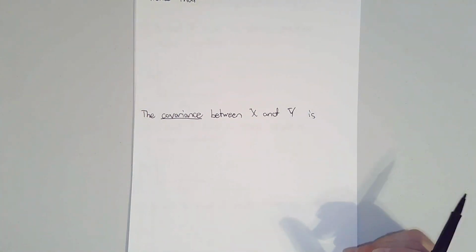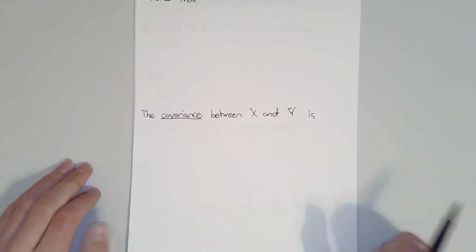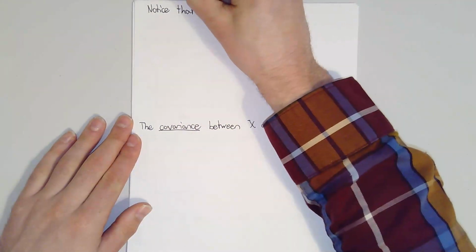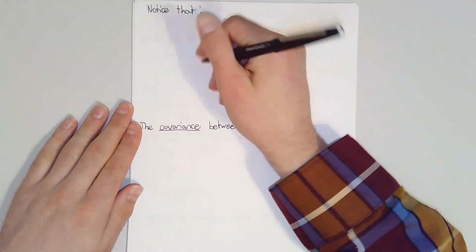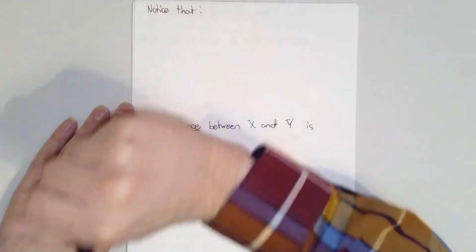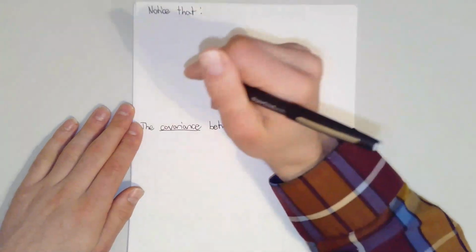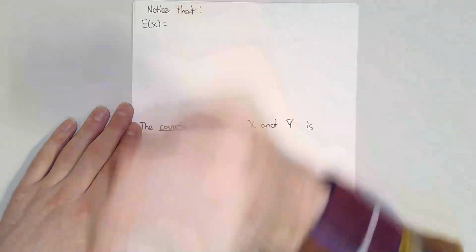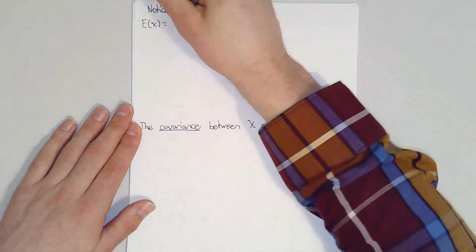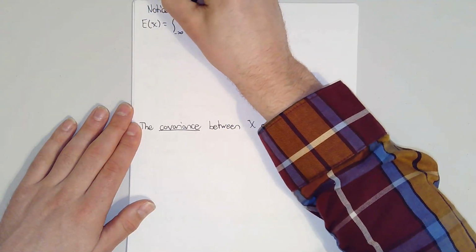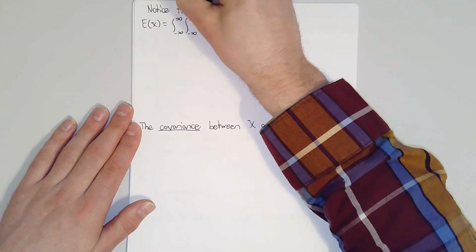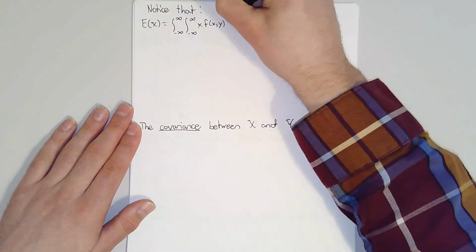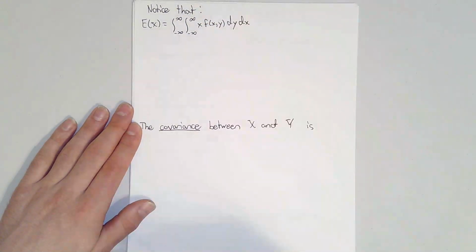So an interesting consequence is that we already have a definition for the expectation value of x. So let's notice something. We're going to see that these two formulations of expectation of x are the same. So we're claiming that the expectation of the random variable x is given just like so.